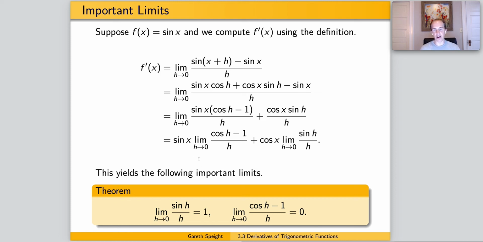Sometimes people ask me, maybe you've seen a little bit of calculus before and you've seen L'Hopital's rule. They say, these limits, I could maybe evaluate them using L'Hopital's rule, which says that if the top is going to 0 and the bottom is going to 0, then I can work out the limit using the derivative of the top divided by the derivative of the bottom and taking the limit of that instead. But you can't do that, because here we are already using these limits in order to work out the derivative of sine.